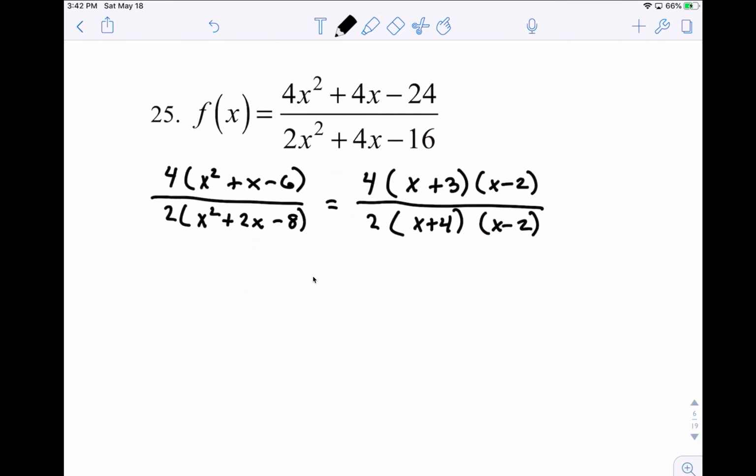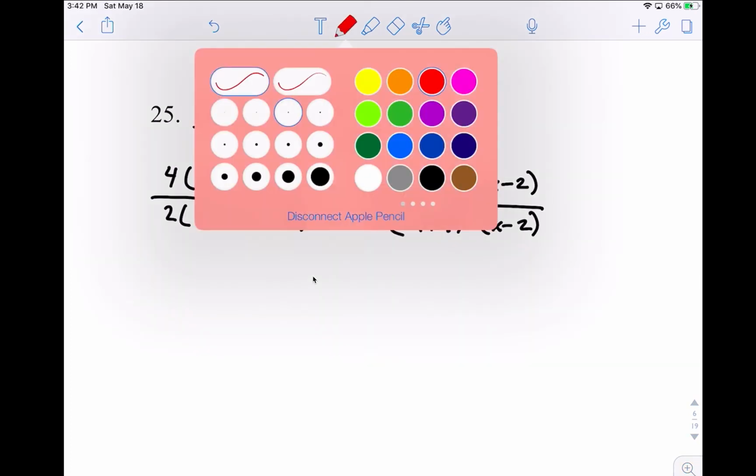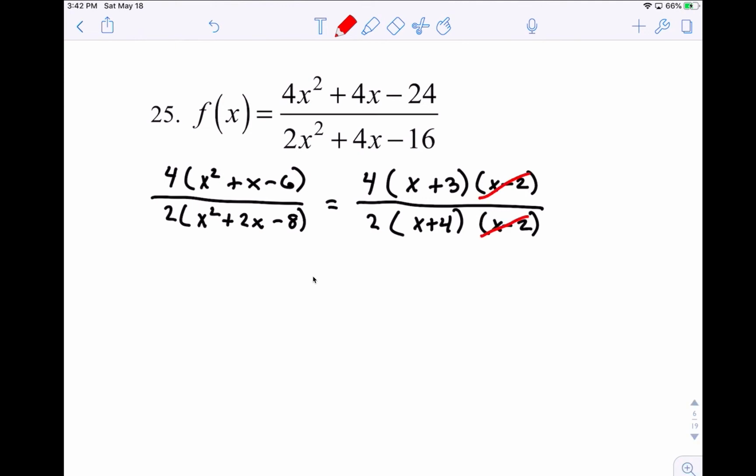Okay, so what do I need to know? Now I see that I cross out x minus 2. All right, so that's a hole at x equals 2. So if I plug 2 back into what I have left, that's going to give me 4 times 5 divided by 2 times 2 plus 4, which is 6.